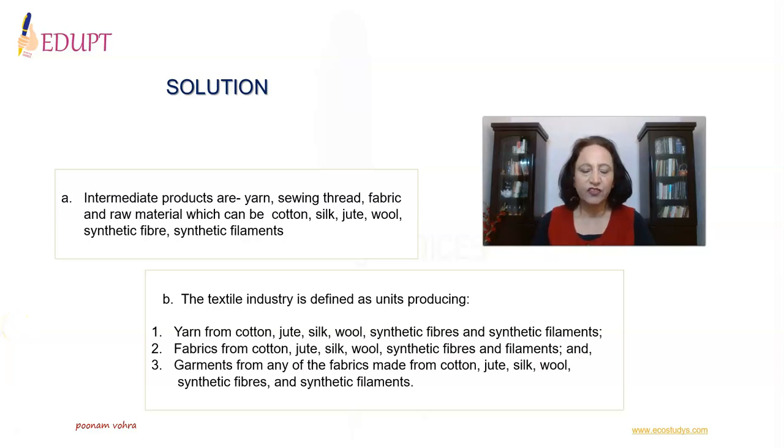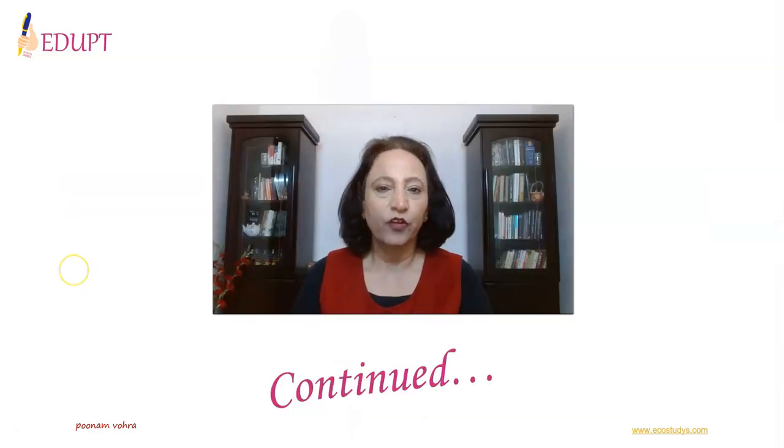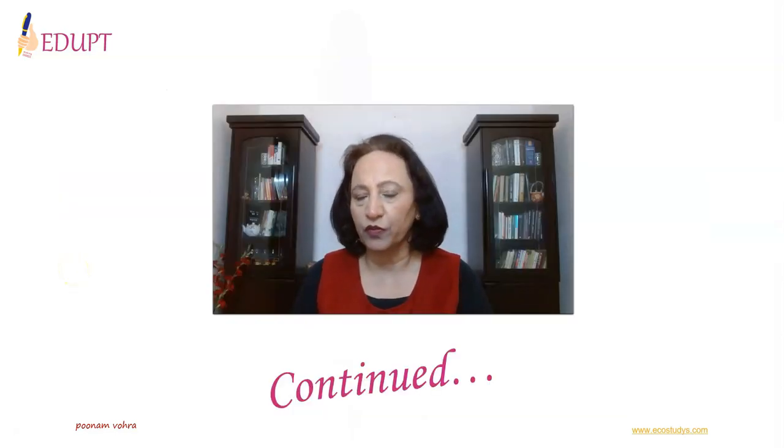And the textile industry is defined as units producing yarn from cotton, jute, silk, wool, synthetic fiber and synthetic filaments, fabrics from cotton, jute, silk, wool, synthetic fibers and filaments, and garments from any of these fabrics made from such yarn or fabric. I hope you have understood value of output and how intermediate consumption leads to double counting.